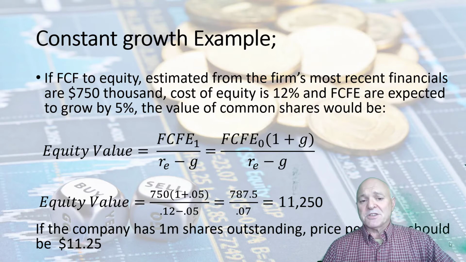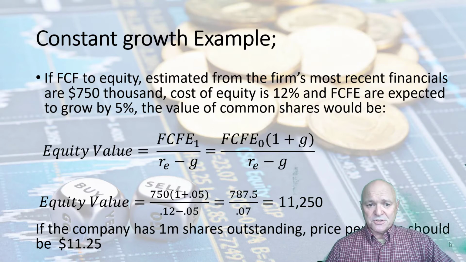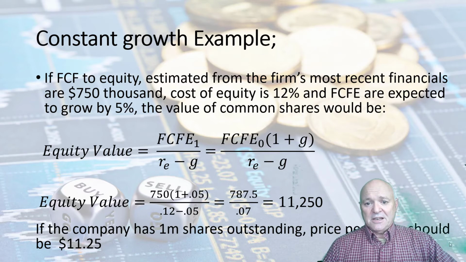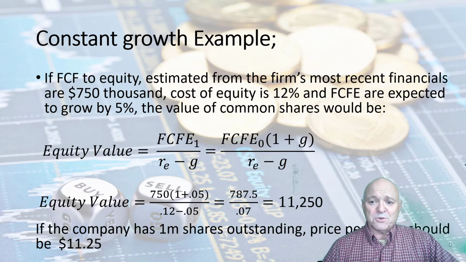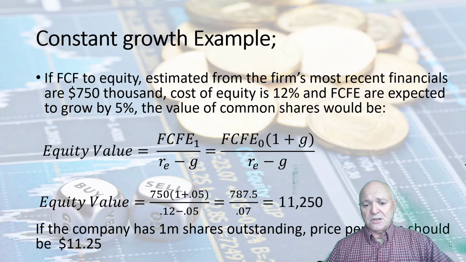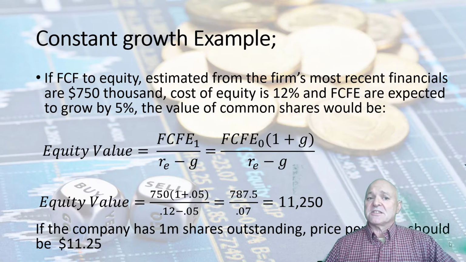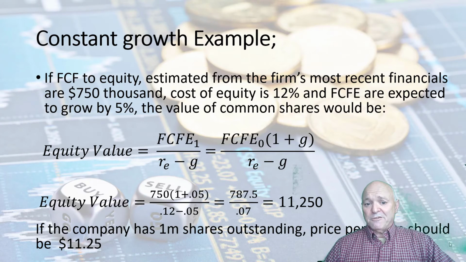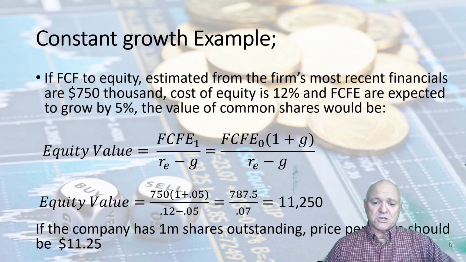So if you have a company with $750,000 in free cash flow to equity, if the rate of return on equity is 12% and the growth rate is 5%, our calculation would be 750 times 1 plus g, 5%. That's where we get the 787.5 in the numerator. In the denominator, we have 12% cost of equity minus 5% growth, and that nets out to 7%.